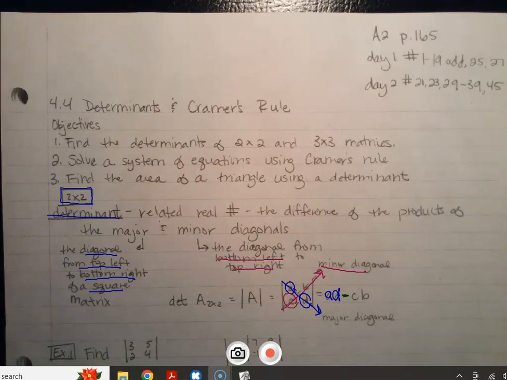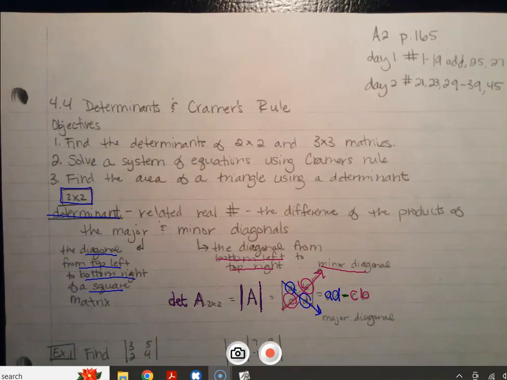So C times B, and that's what we have here, C times B. And that difference is my determinant. So a couple ways we can denote determinant. You'll notice it says DET here, determinant A, which is a 2 by 2, or it looks like it's inside absolute values. That's also a symbol for the determinant of A, to have that absolute value.